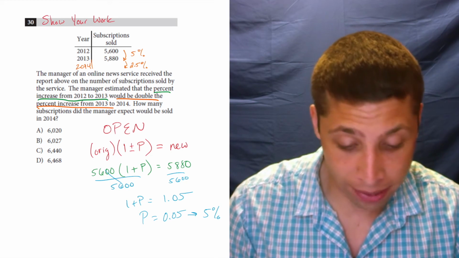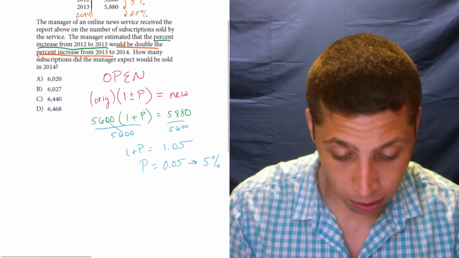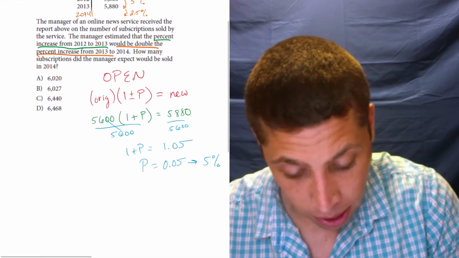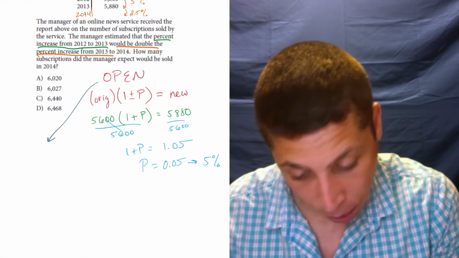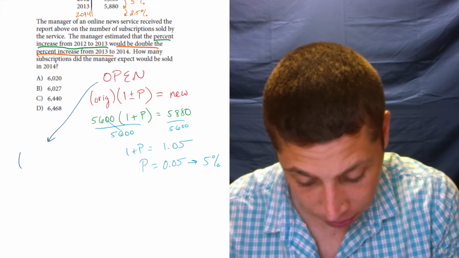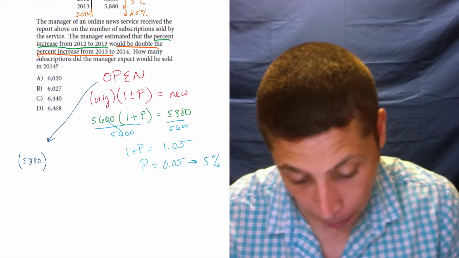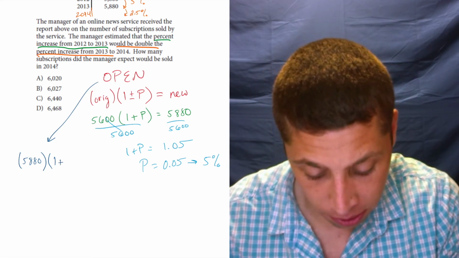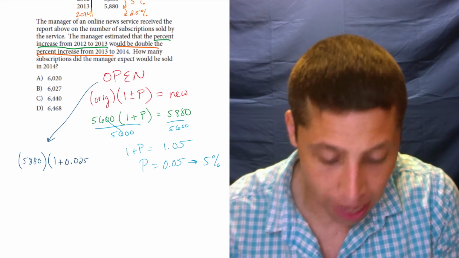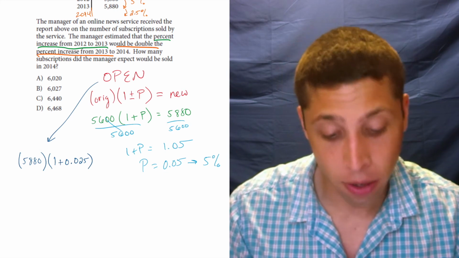Well, we can use the exact same formula. So let me scroll a little bit here. So this time, the original is now the 2013 number, so that's 5,880. Now we have the percentage, right? So it's 1 plus 0.025. That's 2.5% written as a decimal.